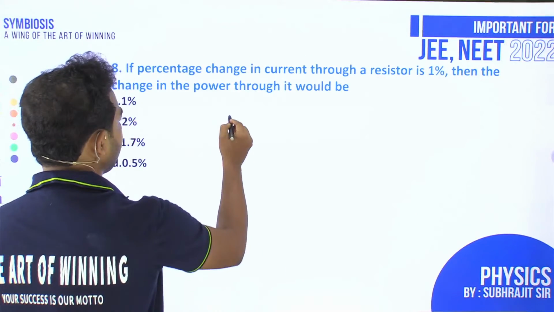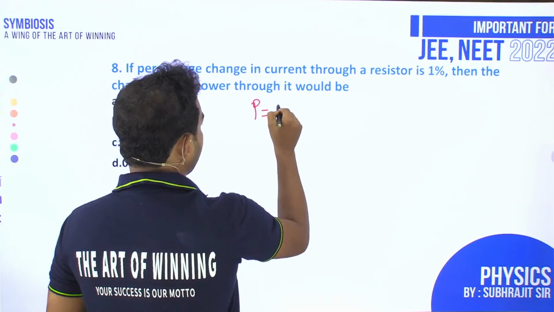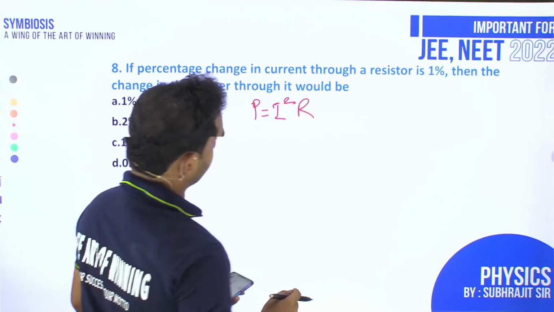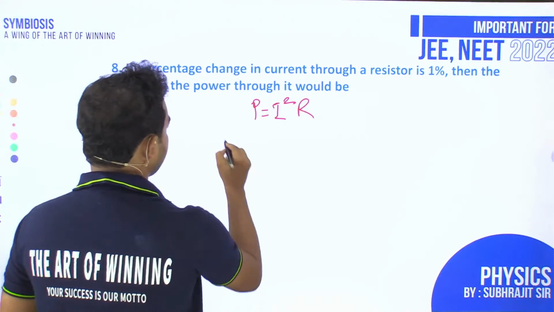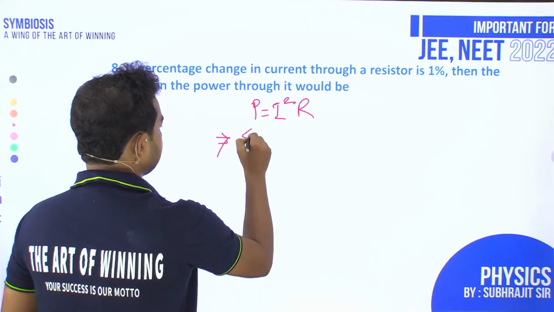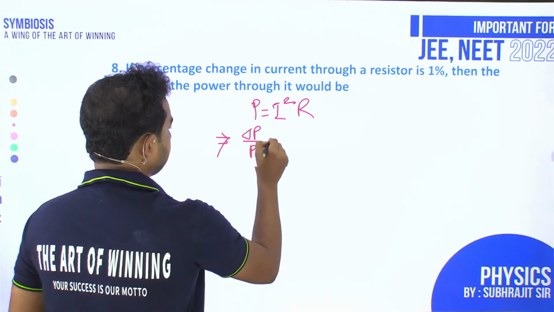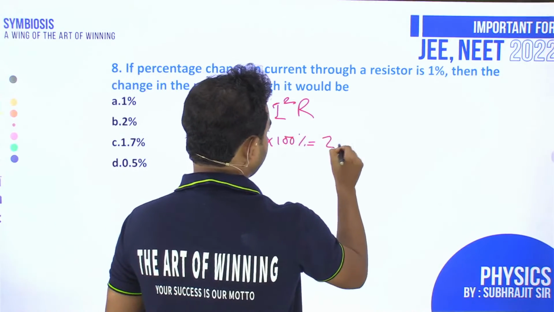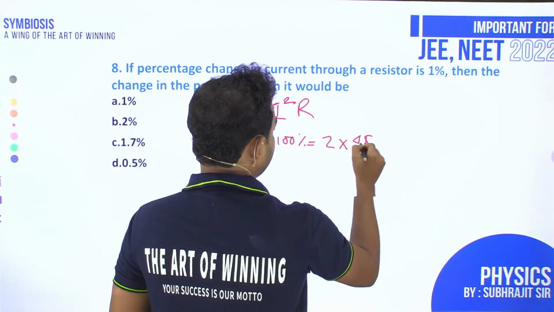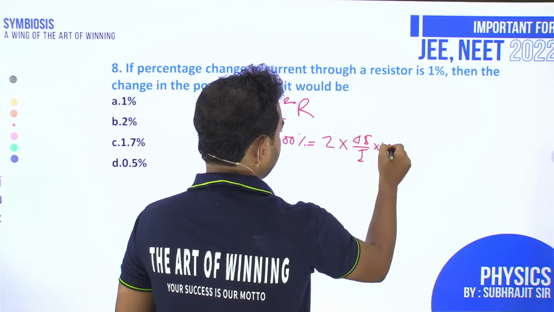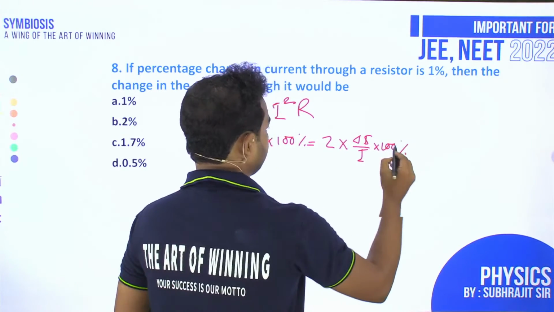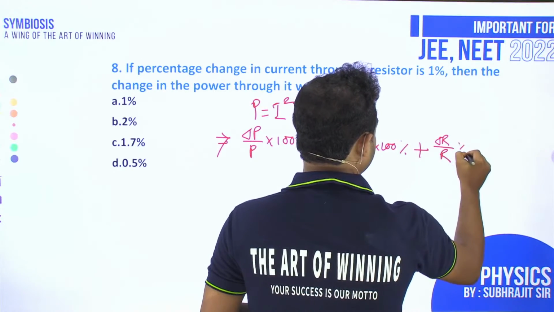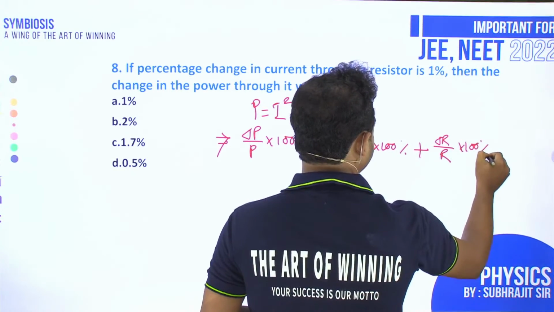So we know the equation P equals I square R. All of you know it. So from here we can write del P by P into 100% is equal to 2 into del I by I into 100% plus del R divided by R into 100%.